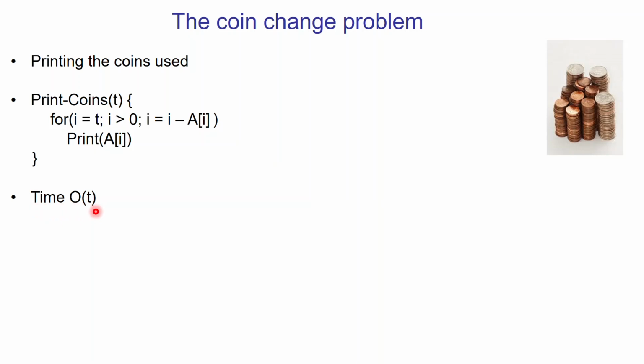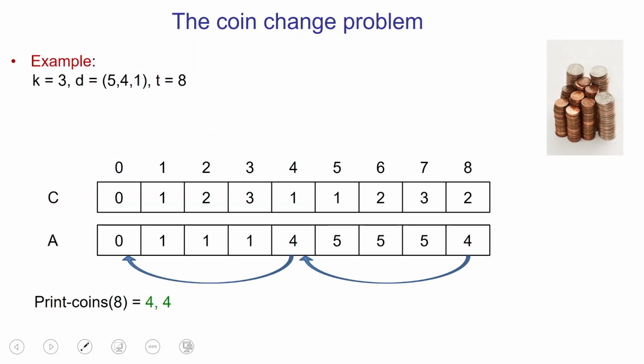Let us visualize this with an example. Here is the example from before. You have 3 coins, you want to give change for 8, so here is how we filled the array C before. And below it are the corresponding argmins, meaning the value of the coins that gave the minimum.